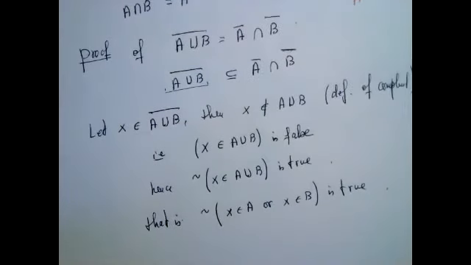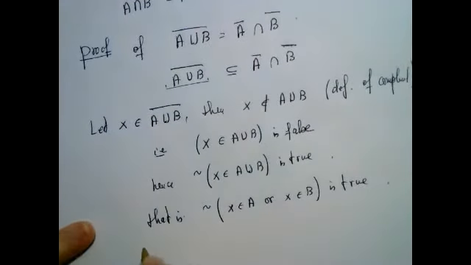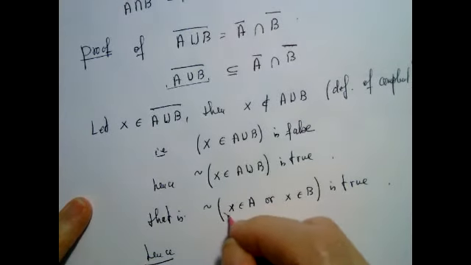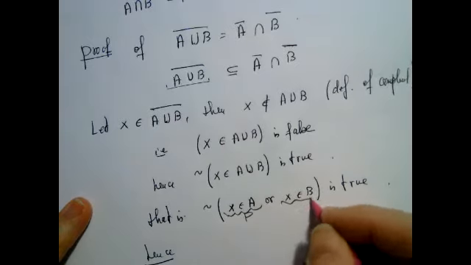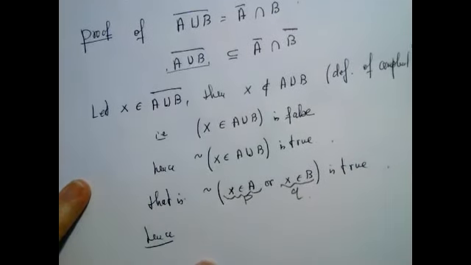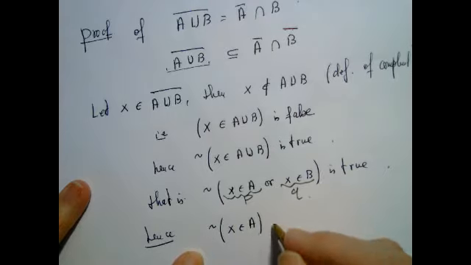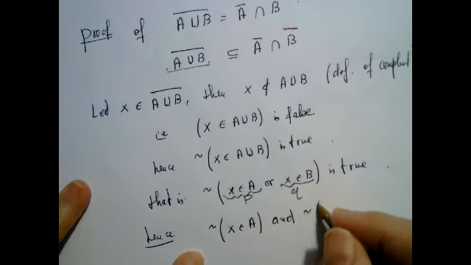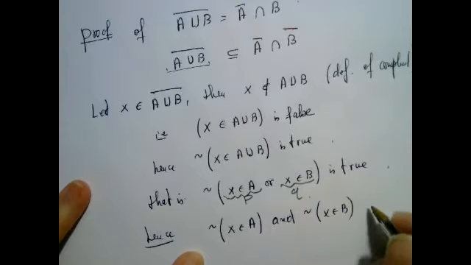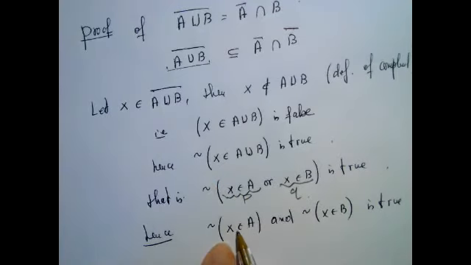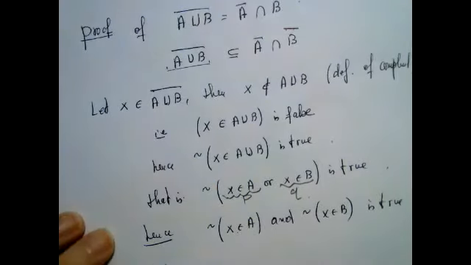So logic has to be brought into the picture. What's the negation? So that's my P or Q. This is true. It means the negation of the or is equivalent to the negation of P and the negation of Q. So basically, the negation of X in A or in B is actually the negation of X in A and the negation of X in B. So now we have the following.